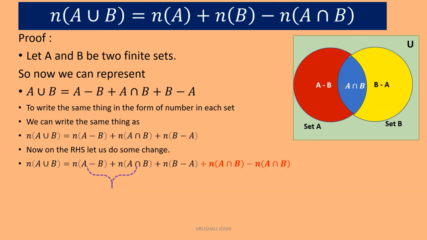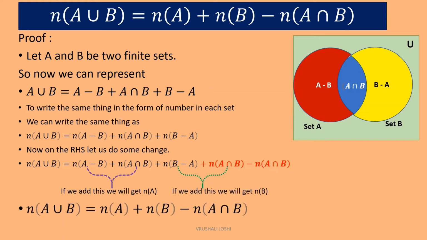N of A minus B and n of A intersection B together, that blue and the yellow, red together, will be the entire A, number of elements in A. Similarly, n of B minus A and n of A intersection B, that is the yellow and the blue together. That will give you the n of B.